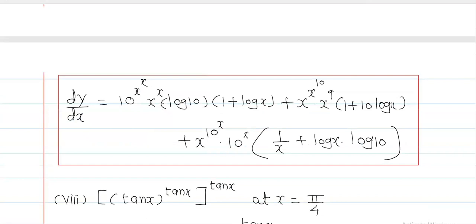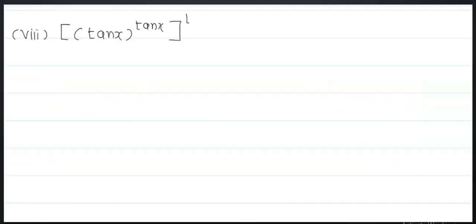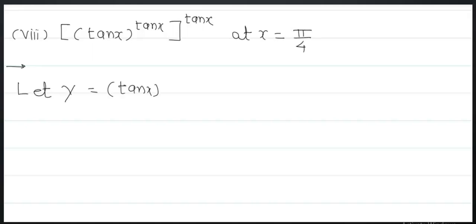Now next problem. Tan of x raised to tan x in whole bracket raised to tan x, at x is equals to pi by 4. Let y is equals to tan x raised to tan x and whole bracket raised to tan x.